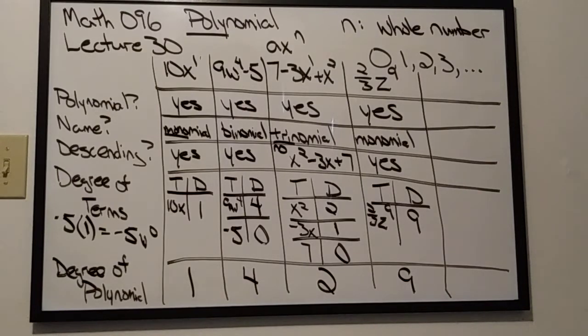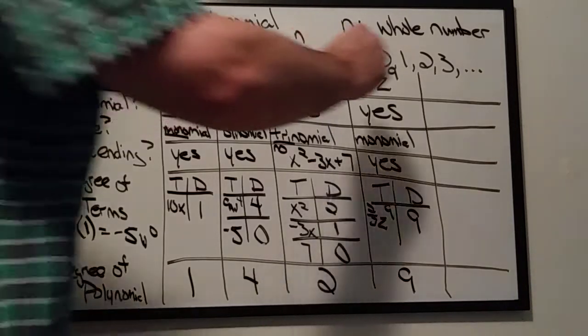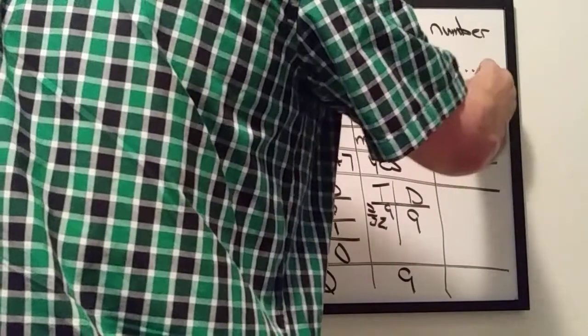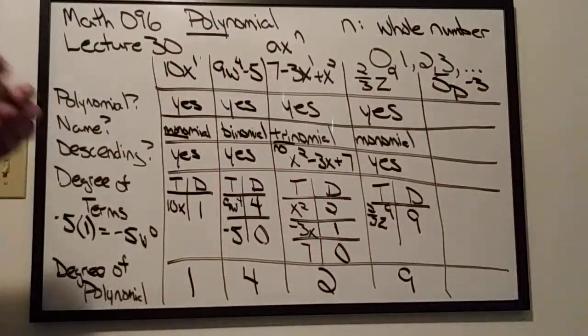Now, as we look at our last example, I'm going to write down 5p to the negative 3rd power. So 5p to the negative 3rd power, 5 is a perfectly acceptable real number, but negative 3, our exponent, is not a whole number. Remember once again that whole numbers can't be negative.